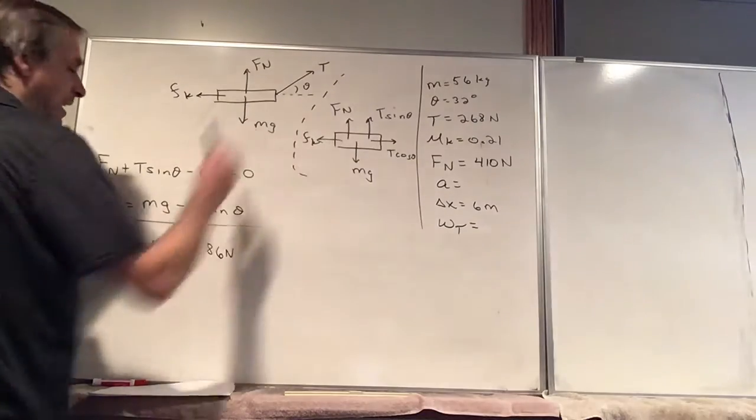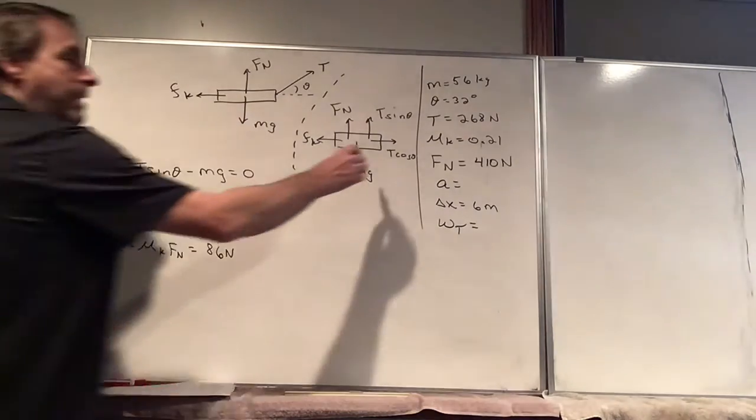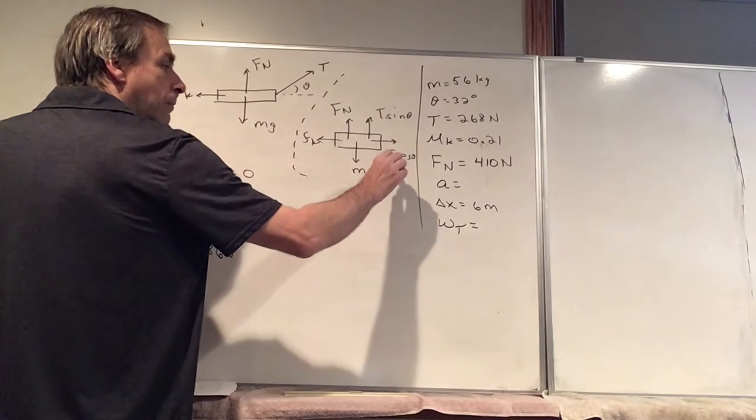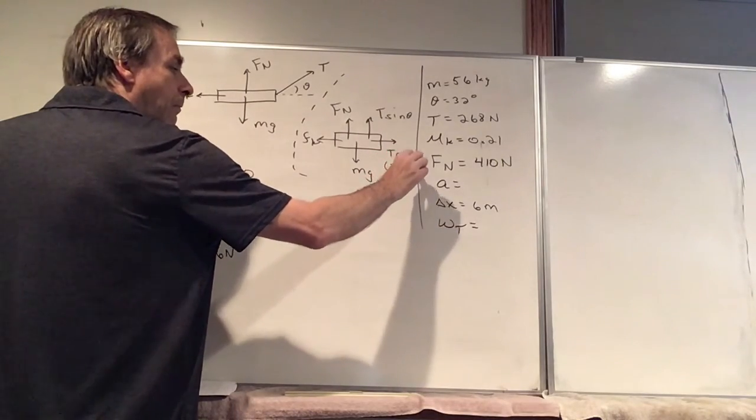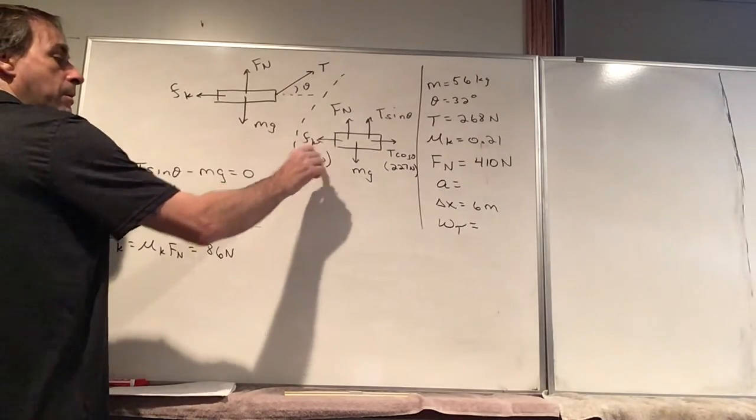And let's take T cosine theta. So cosine of 32 is about 0.84 times 268. So it's about 227 newtons here. And friction is 86 newtons.